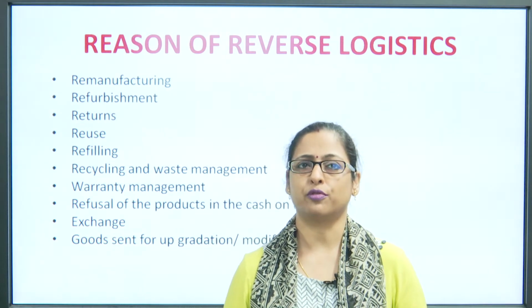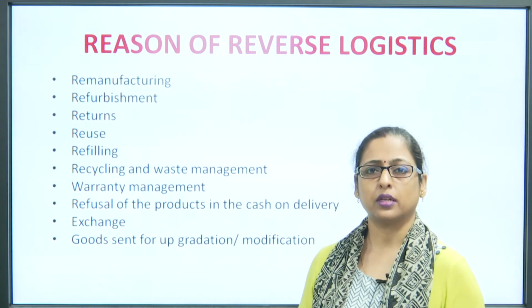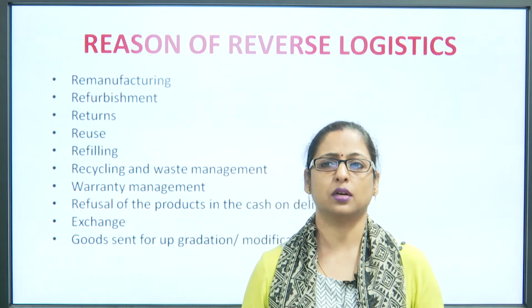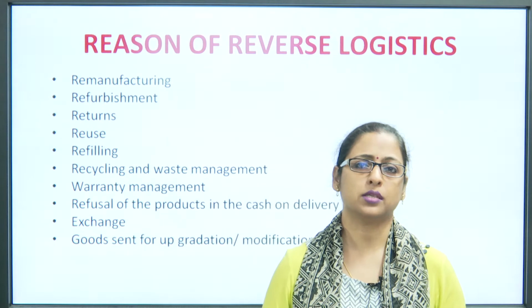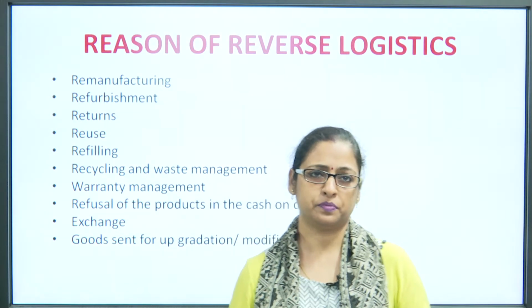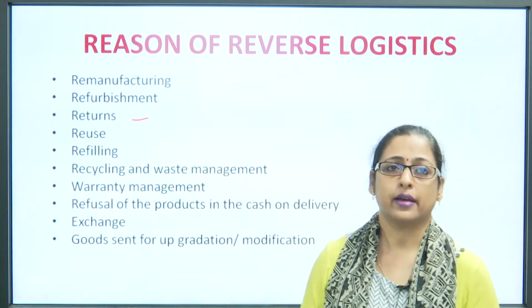So this is the concept of remanufacturing. Then refurbishing is on a similar scale, where the companies use the spare parts, the good parts of usually electronic products, and try to make something new or something better.